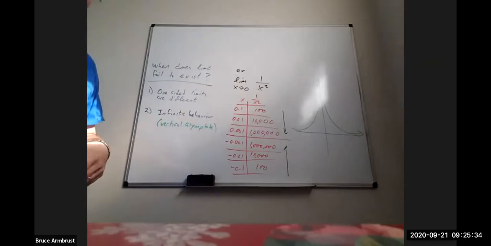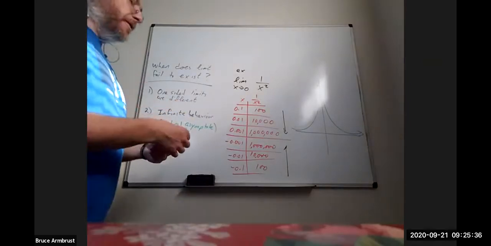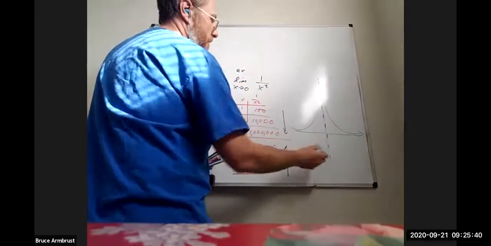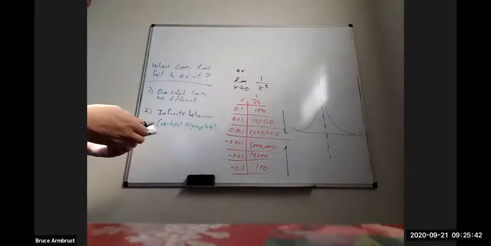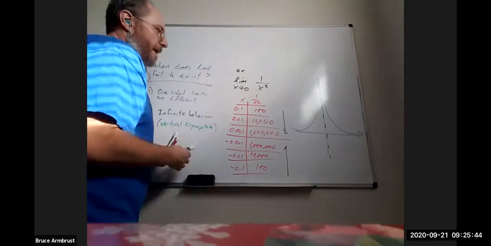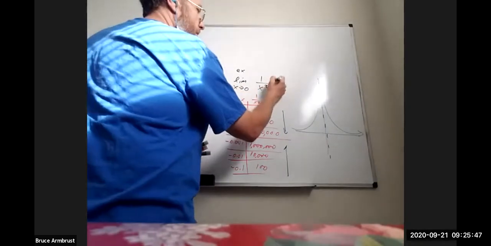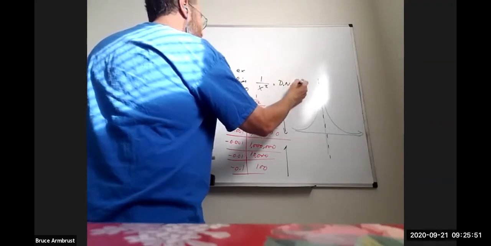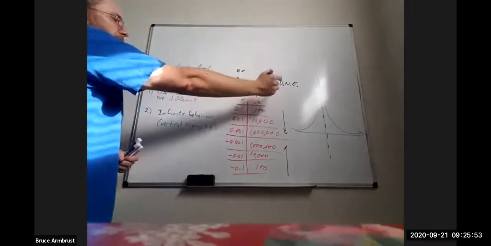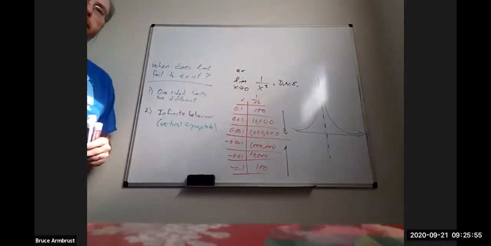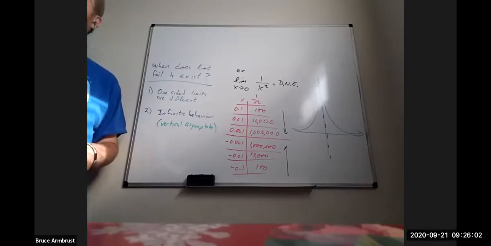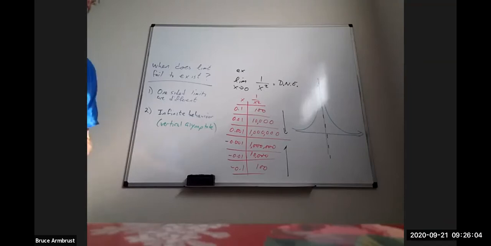So again, infinite behavior, or a vertical asymptote. You can see that vertical asymptote right here. In this case, we would say that this limit does not exist. It's pretty standard to use DNE to say does not exist. If you ever see that, DNE means does not exist.